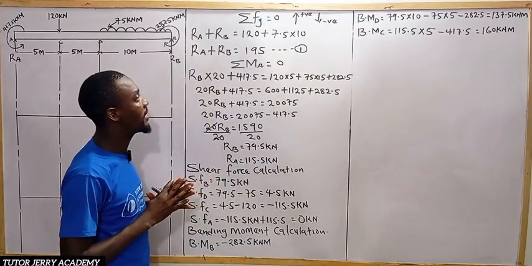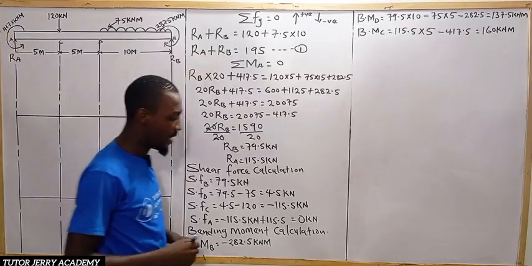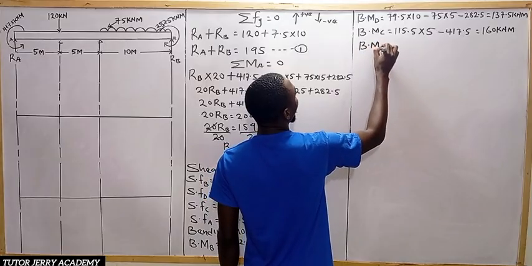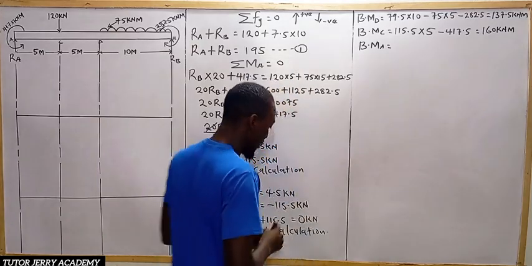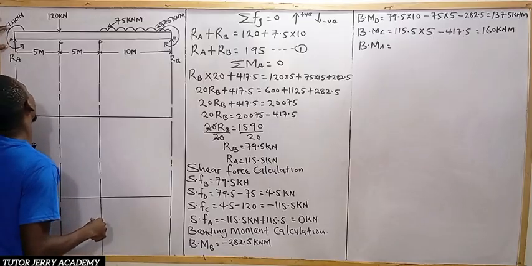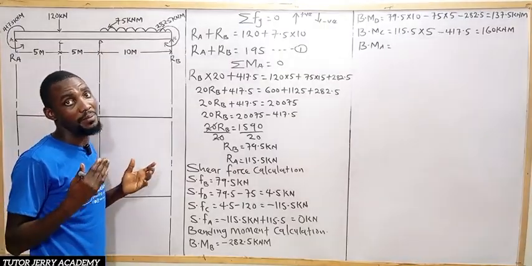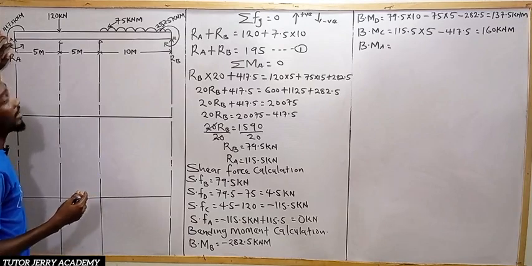Now the next thing we are going to consider is the bending moment at point A. The only moment that we have at point A is just this moment that is here. If we have a simply supported beam on a normal day, we are supposed to have a 0 here.